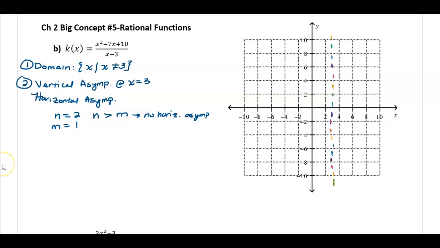All right, so now we have to do our intercepts. X-intercept says y equals 0. So 0 equals x squared minus 7x plus 10 over x minus 3. Our goal is to isolate x, so I'm going to multiply both sides by the denominator. When that happens, we get rid of that denominator, and I still have 0 on my left side.